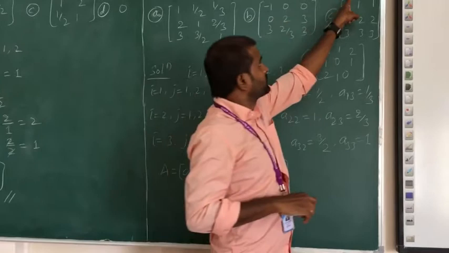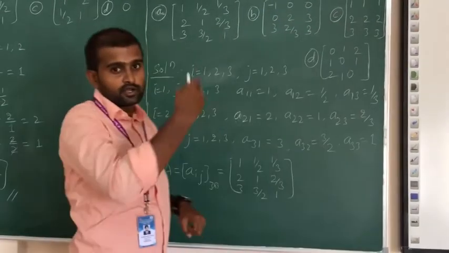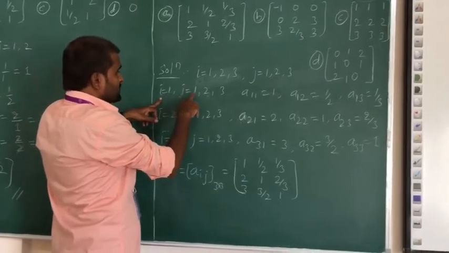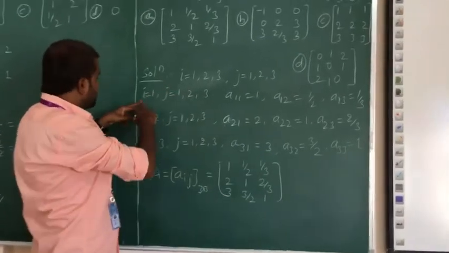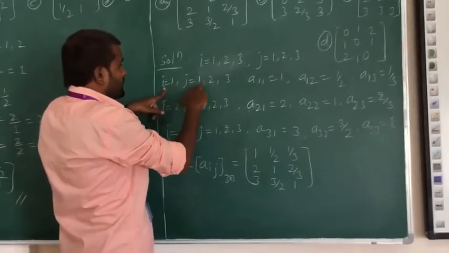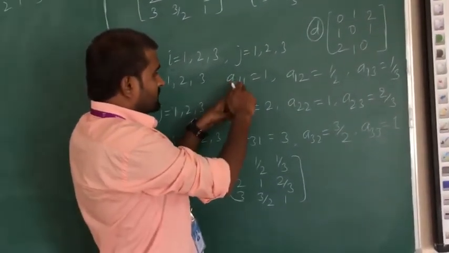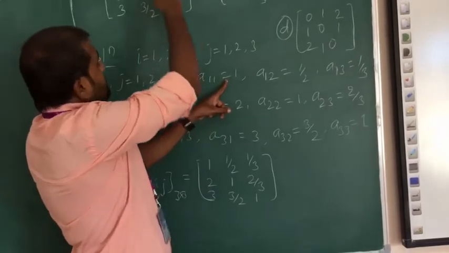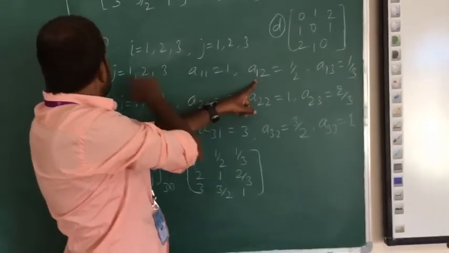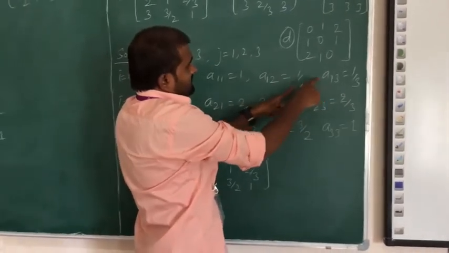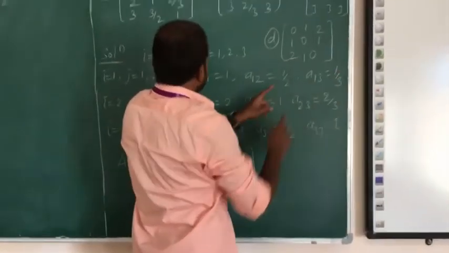This is the row and this is the column: ith row and jth column. I is 1, j is 1, 2, 3; we fix i as 1 and j is 1, 2, 3. A11 is 1 by 1, which is 1. Then j is 2, 1 by 2, and j is 3, 1 by 3.